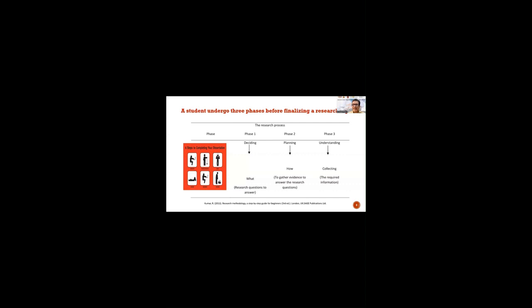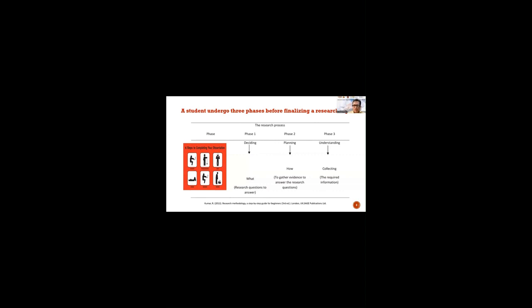So, deciding is a very critical factor: what research question to answer? Phase 2 is planning. You need to plan how to gather evidence to answer the research question. Phase 3 is understanding and collecting the required information.